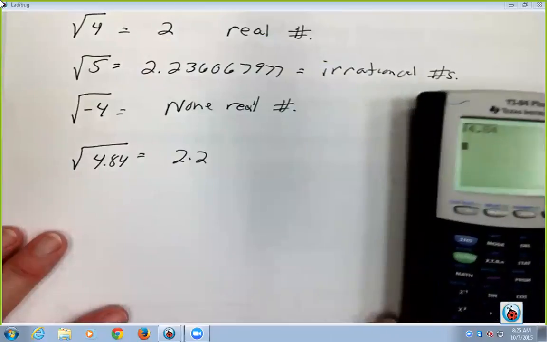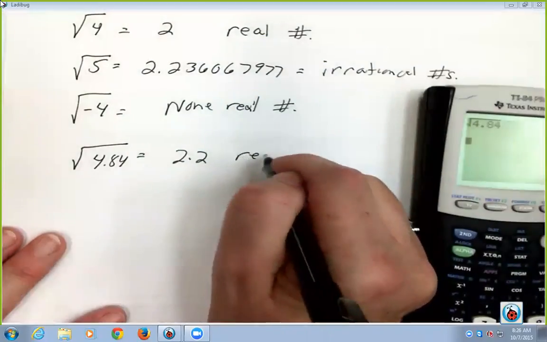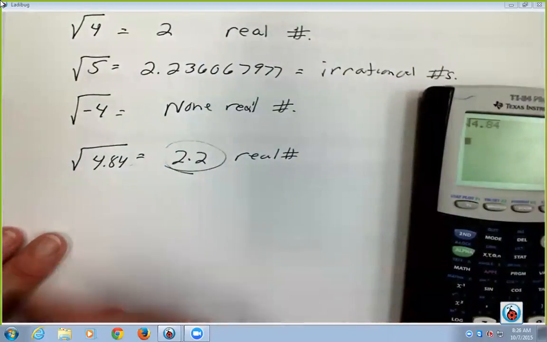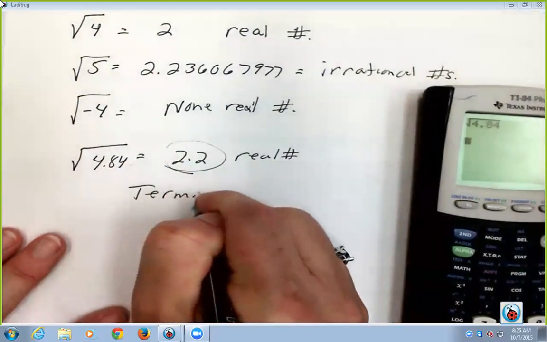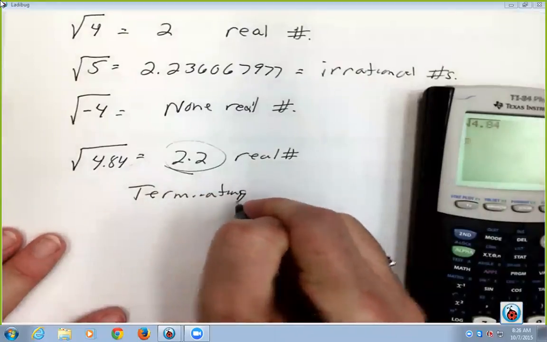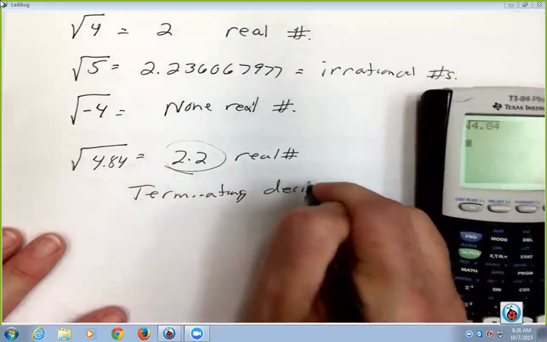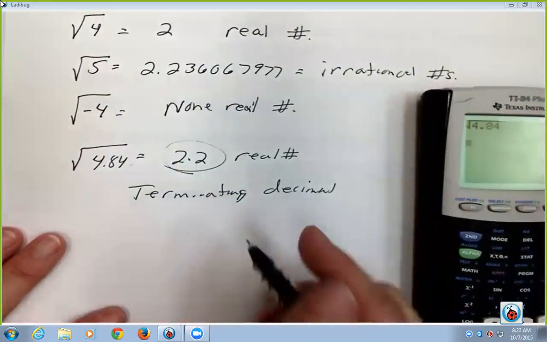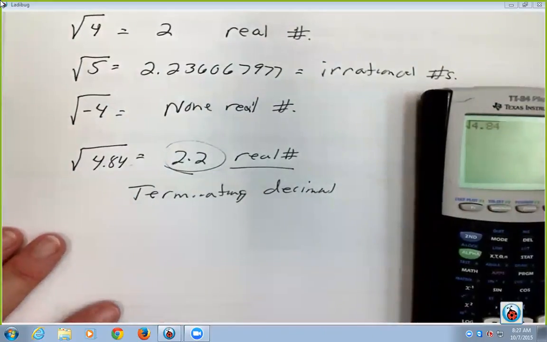This is also considered to be a real number. So be careful if it comes out as a terminating decimal. This one's a non-repeating, non-terminating. This one's a terminating. So terminating decimals are considered to be real numbers if that happens and pops out for an answer that you have.